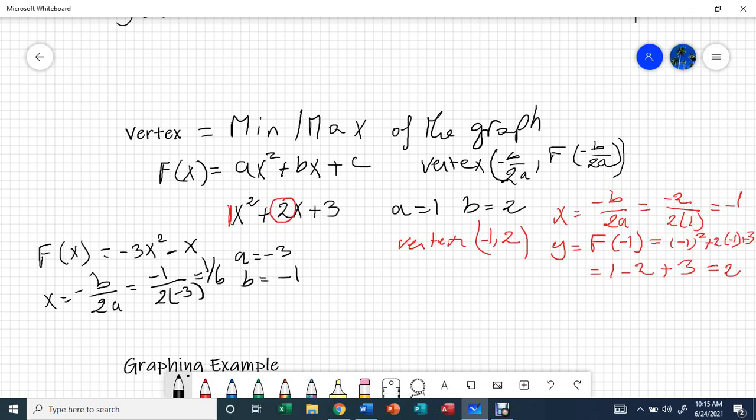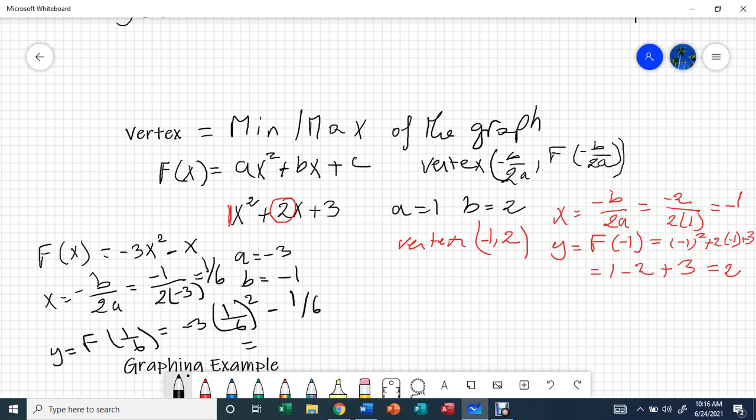Now you plug 1/6 into your function to find the y coordinate for the vertex. So y equals f of 1/6. So you get negative 3 times 1 over 6 squared minus 1 over 6.